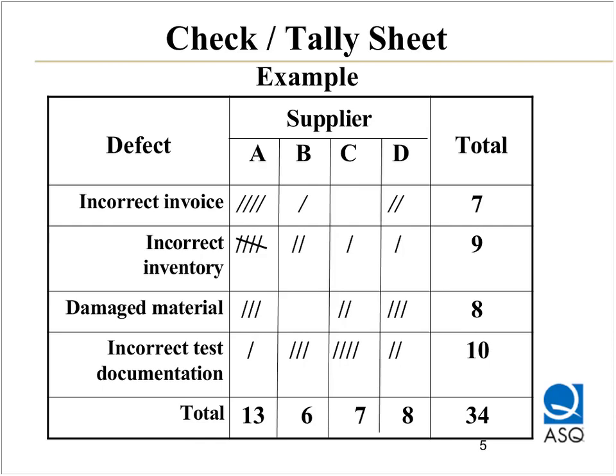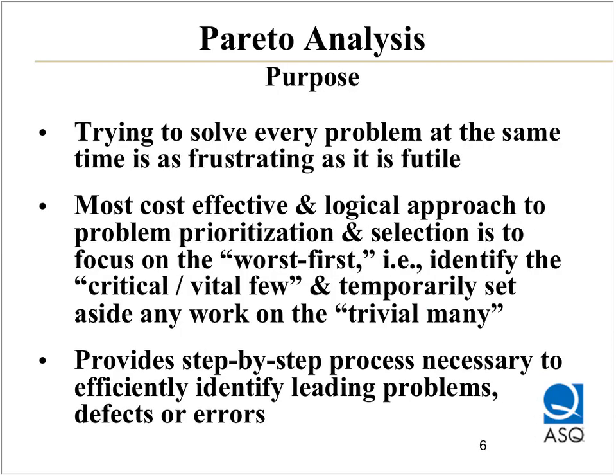And working on the worst first takes us to our next tool, Pareto analysis. We know that trying to solve every problem at the same time is as frustrating as it is futile. The most cost-effective and logical approach to problem prioritization and selection is to focus, as I said, on the worst first.